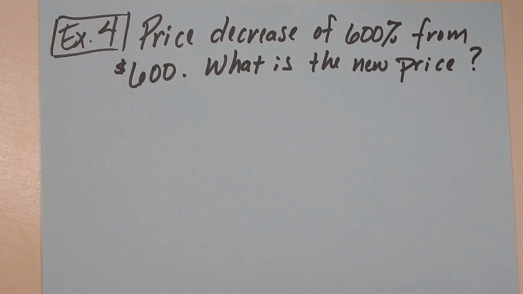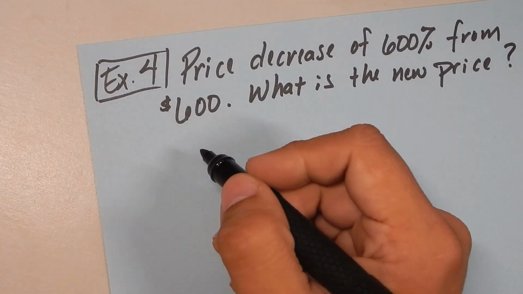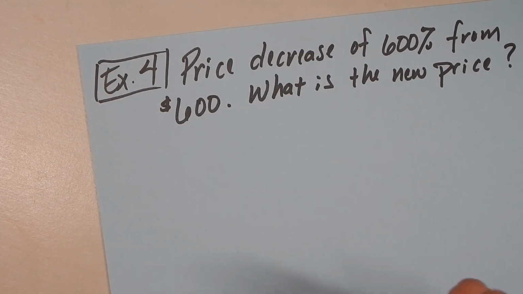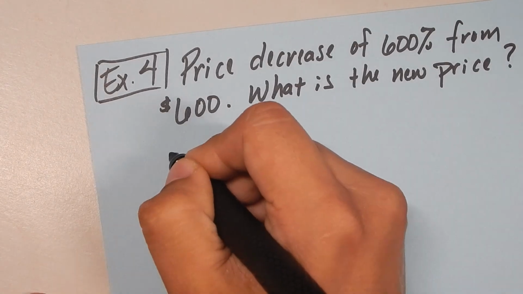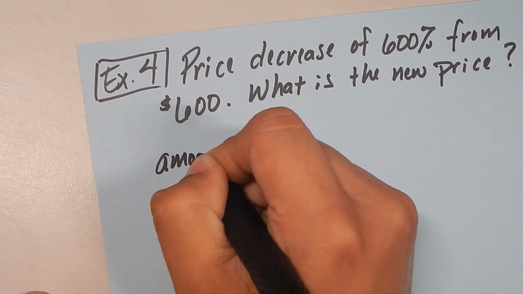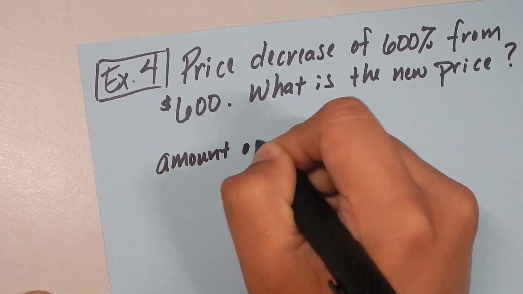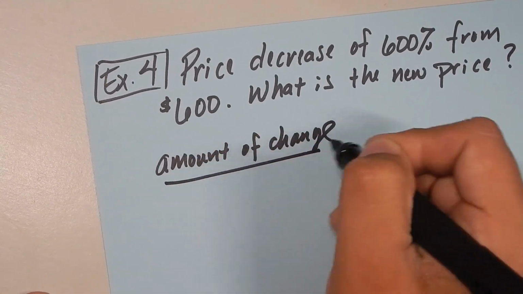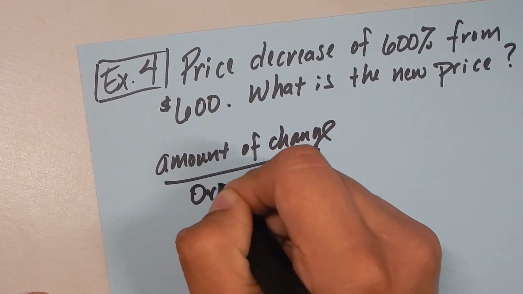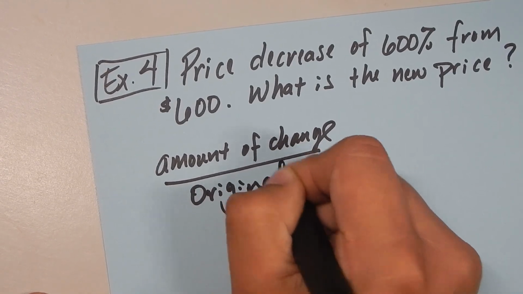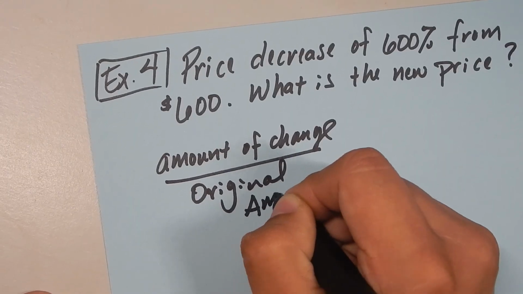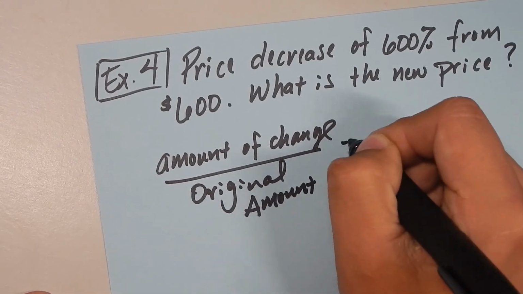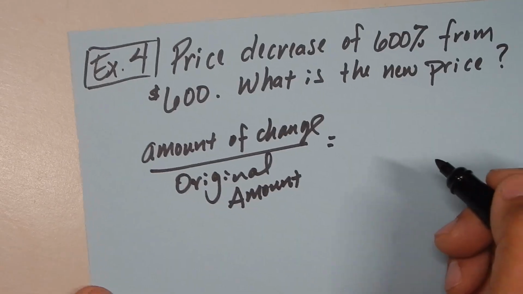So what this is telling us, if we look at the original way that we were solving the problems, right? We had the amount of change over the original amount is equal to some decimal number, right?